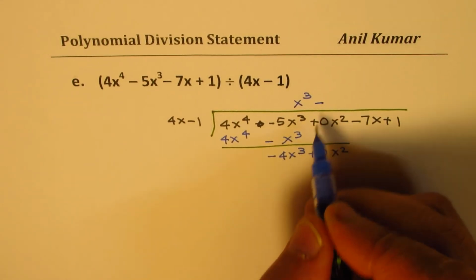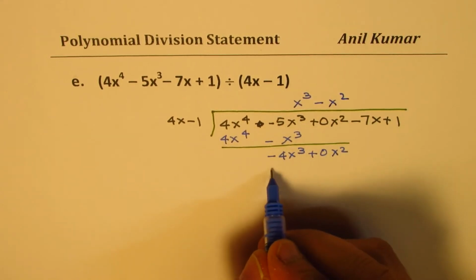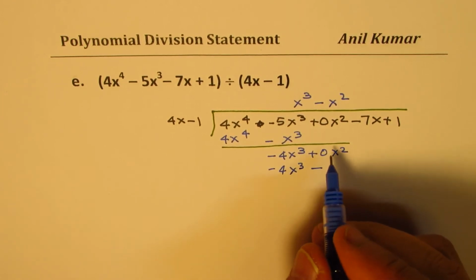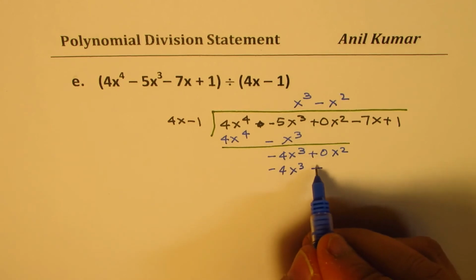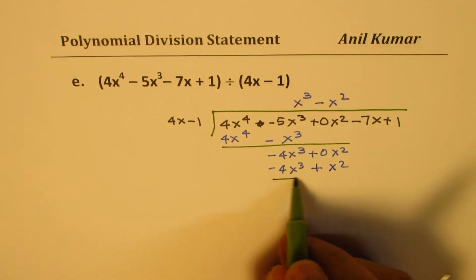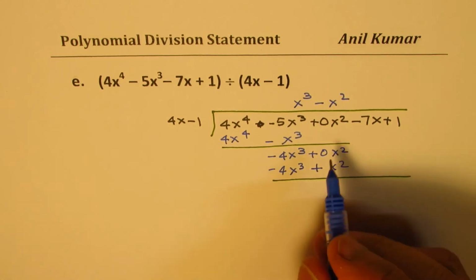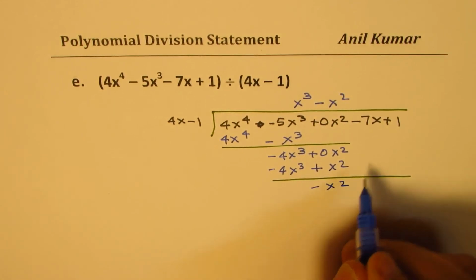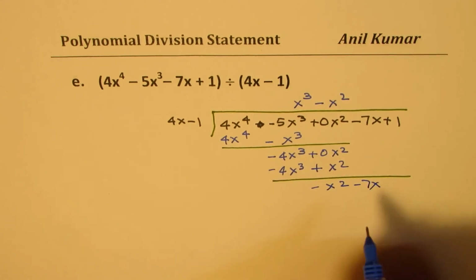Now it goes x squared times, you get minus 4x cubed minus, and minus becomes plus x squared. So when you take away, these terms cancel. You get minus x squared here and minus 7x from the top.